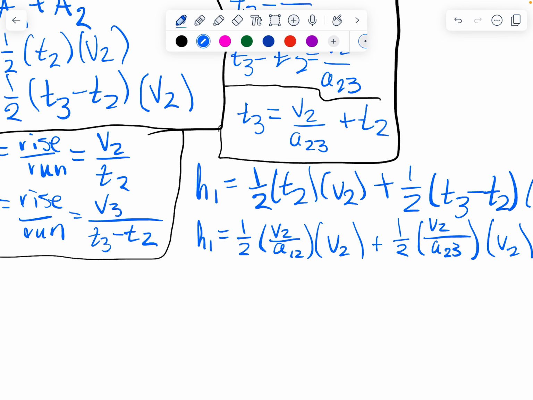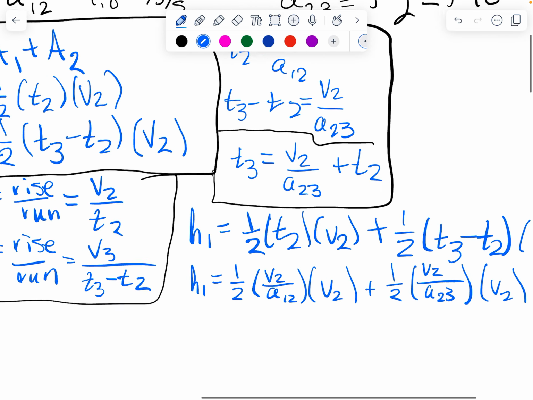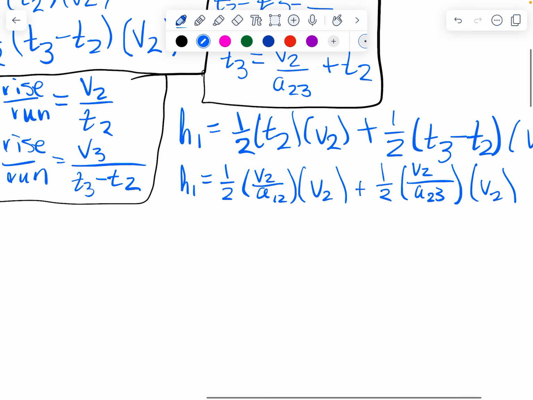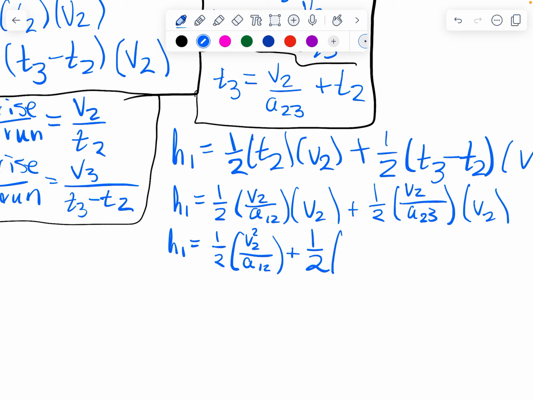Because we reduce that variable in order to solve these things, because we don't have T2, but we sure do have A12, right? So let's solve for V2 here, right? That's why we want to reduce to that. So H1 equals 1/2 times V2 squared over A12 plus 1/2 times V2 squared over A23.